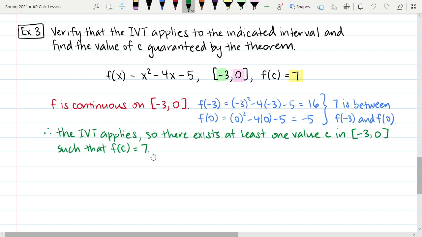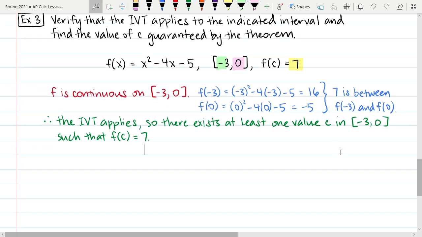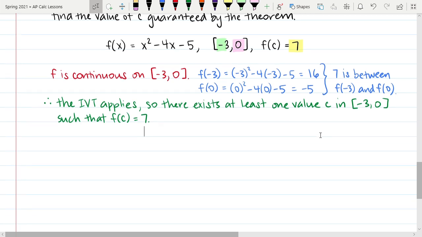Okay, so we've now shown that the IVT does apply to this function on this interval for that value of k. But now it says to find the value of C guaranteed by the theorem.